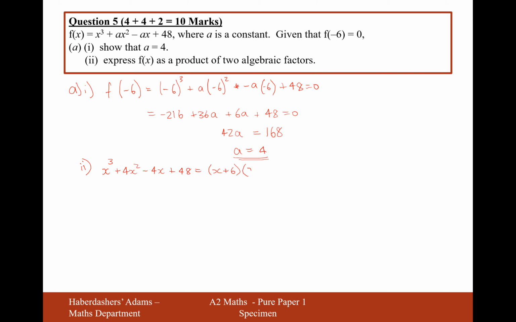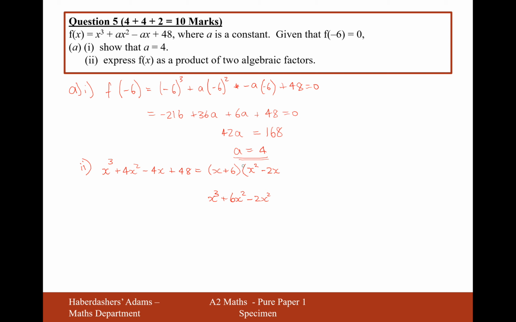So the first thing that needs to be in my right hand bracket is x squared, and when I expand the brackets I'm going to get x cubed plus 6x squared. However, I don't want 6x squared, I want 4x squared in total, so I need to take away 2x squared. How do I do that? I need to take away 2x because that will multiply by the x to get my minus 2x squared.